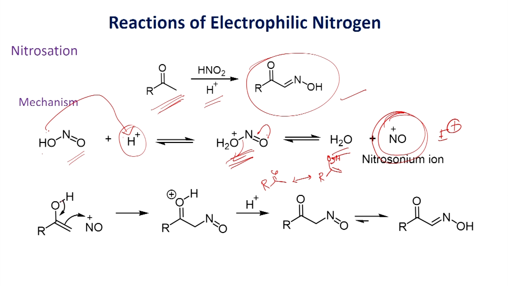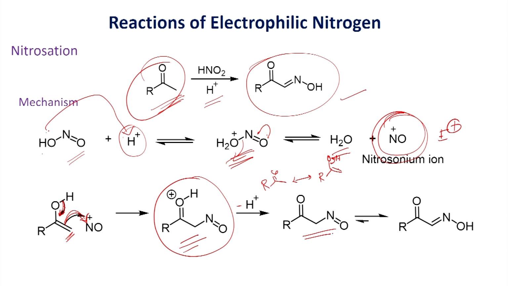Once you form the enol, it can undergo addition reaction with this nitrosonium ion. So, this acts as a nucleophile. This can be formed in acidic medium from the ketone, and once you form this enol, which can undergo addition reaction, then you will be able to form this intermediate. This can lose a proton, then you can make this derivative which can convert into oxime as shown here.